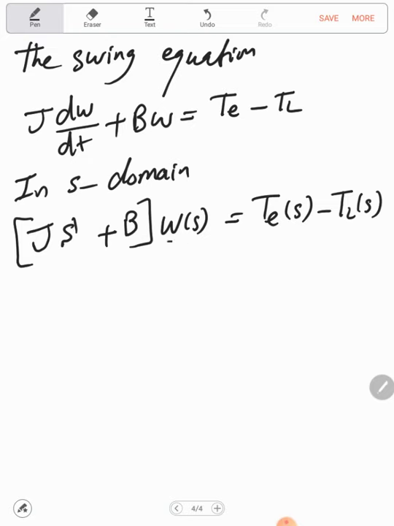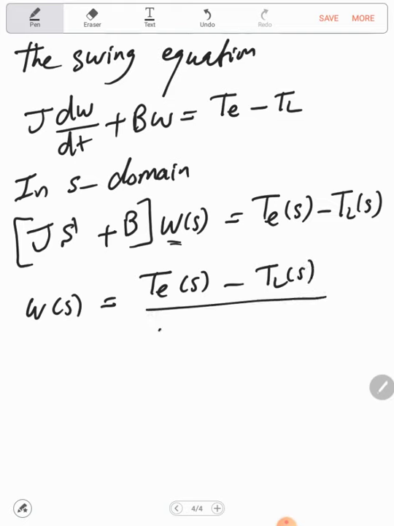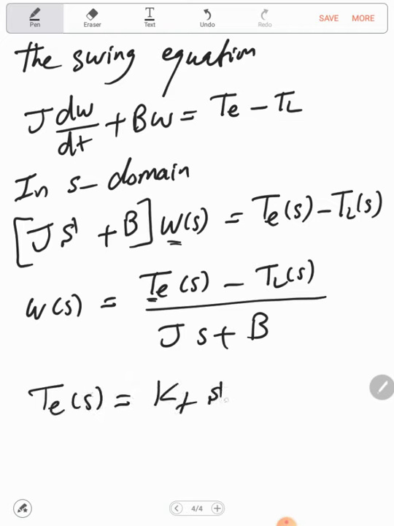So solving for omega of s, it equals (Te of s minus TL of s) over (Js plus B). And remember, we have a relation for the torque, Te of s equal to Kt omega slip.